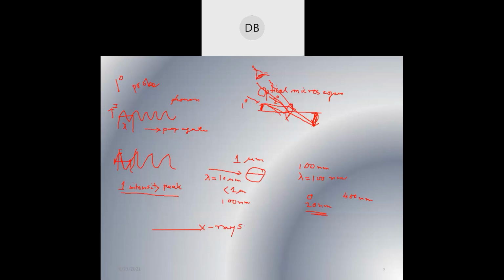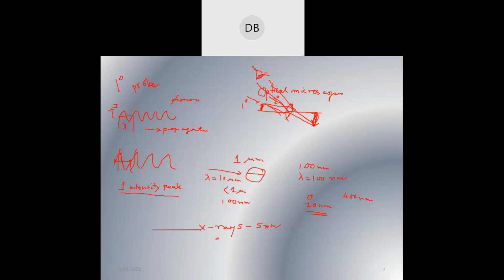Why, I will tell you later. But X-rays typically have about 5 nanometer wavelength, which falls in the range that we want to look at when we're talking about nanomaterials, or electron beams.